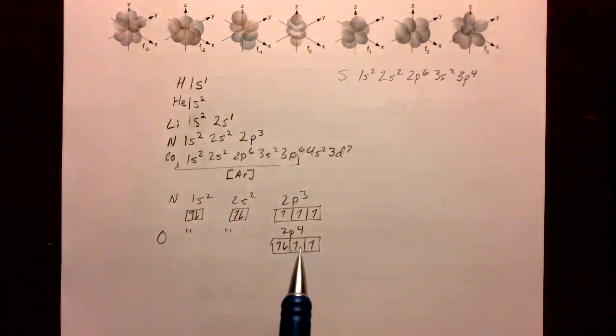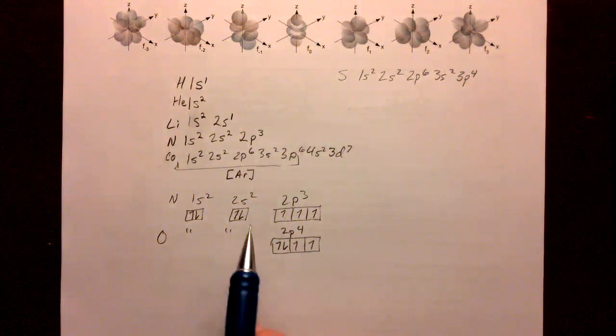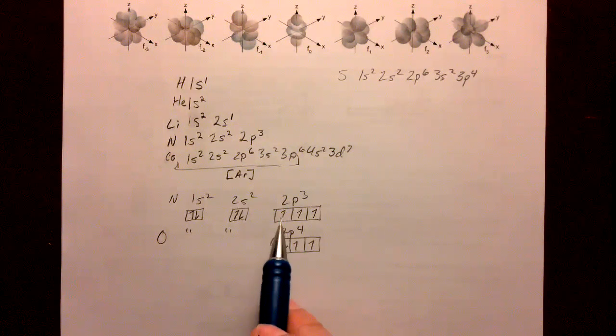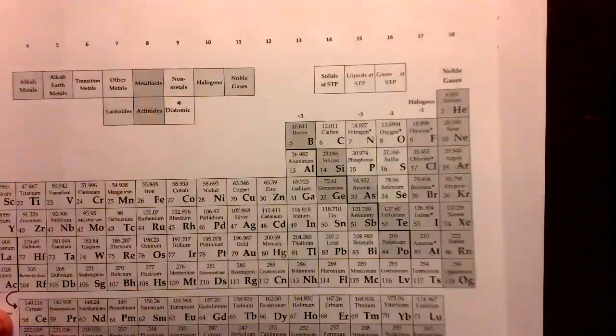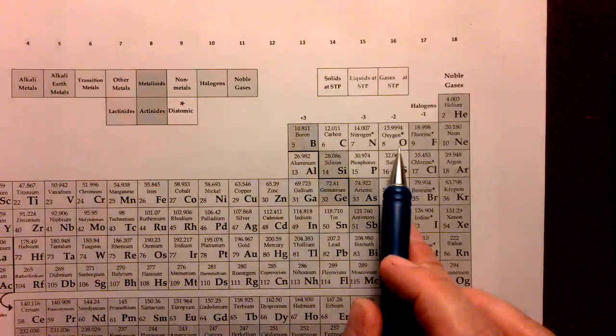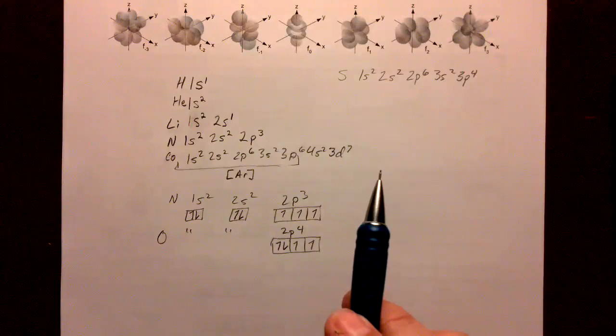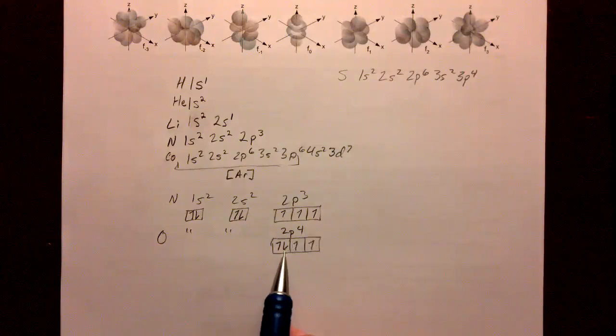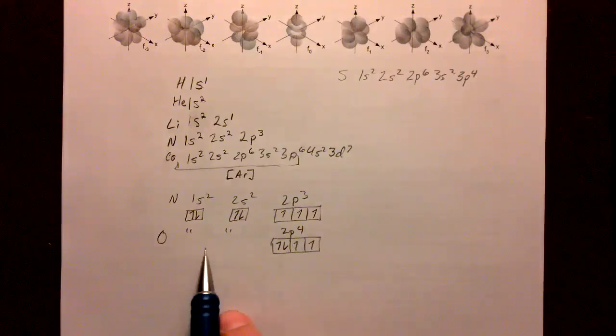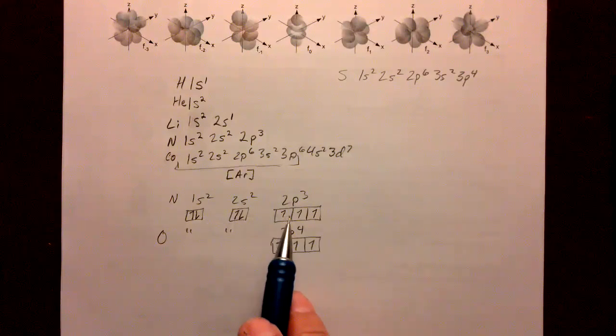Go find a chart of first ionization energies, and it turns out that the transition from nitrogen to oxygen, when we go across from the nitrogen box to the oxygen box, has a bit of a hiccup in the first ionization energy graph. It's a little easier to pull an electron off of oxygen than it is for nitrogen.